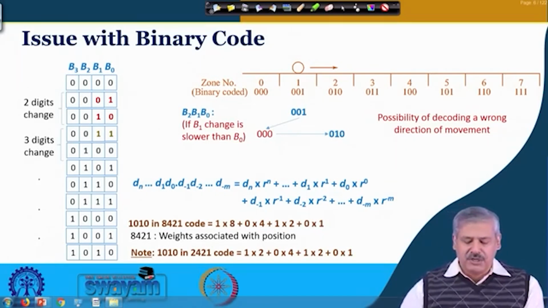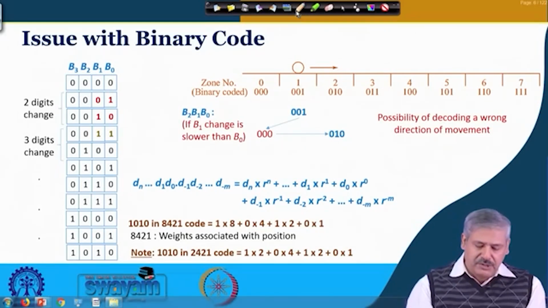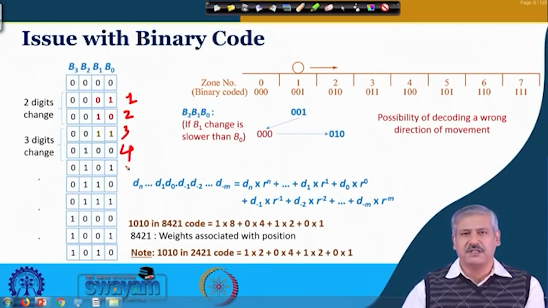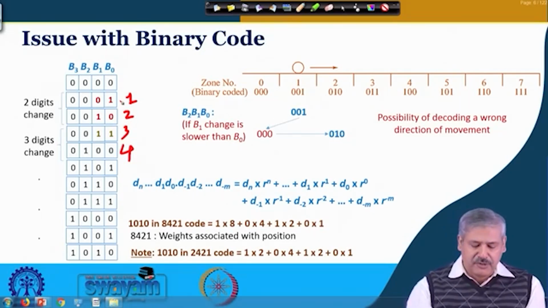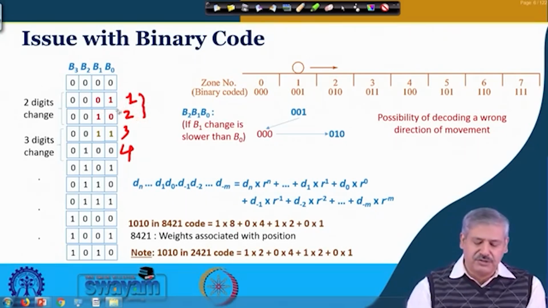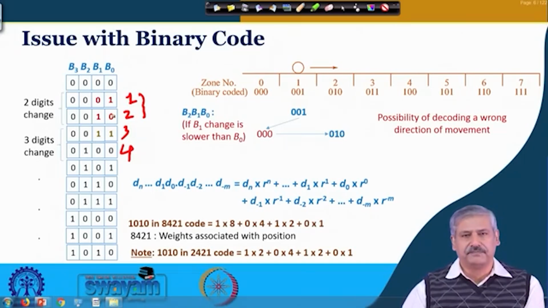One of the issues that you can see in this particular case is that when we are changing the number from 0 to 1 to 2, then 3, 4, and so on, with the consecutive increase in the decimal equivalent, from 1 to 2 you can see that 2 digits are changing, 0 1 is becoming 1 0.